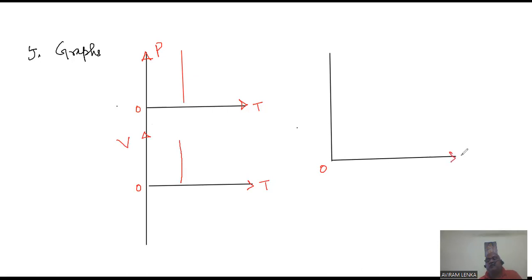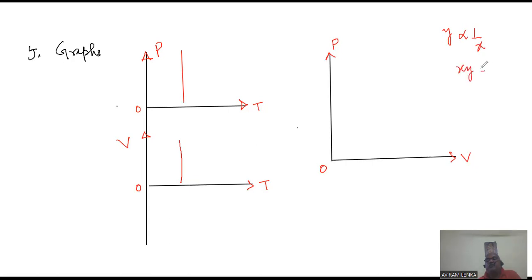The third graph is the pressure volume graph, where pressure is on the y-axis and volume is on the x-axis. Both are variables. Already you have seen the equation we got: y is proportional to 1 by x, or x into y equal to constant.